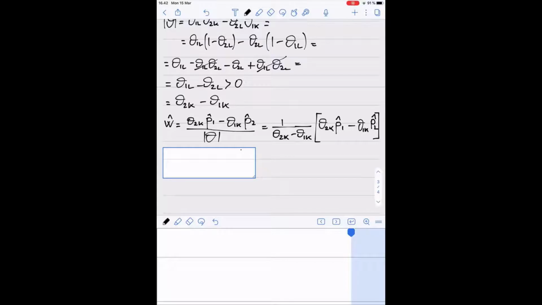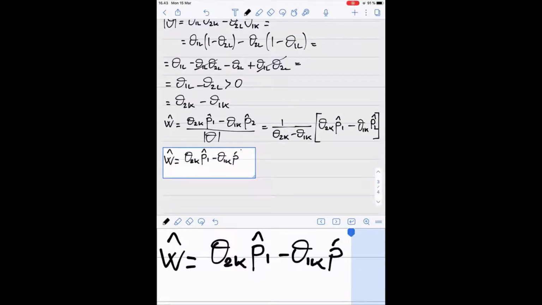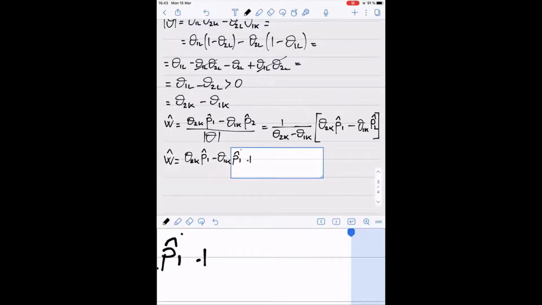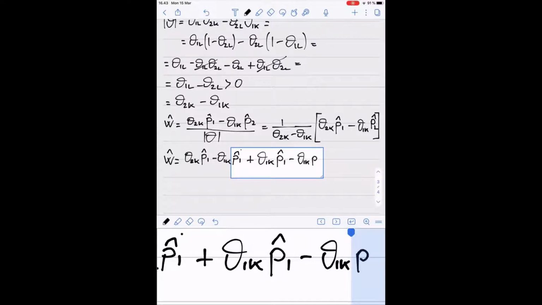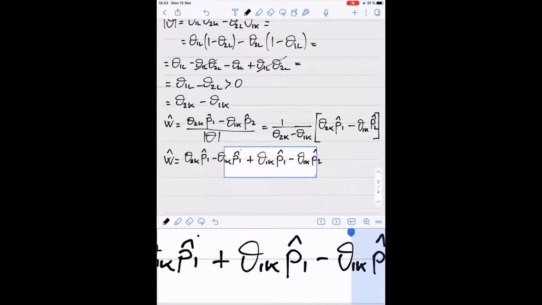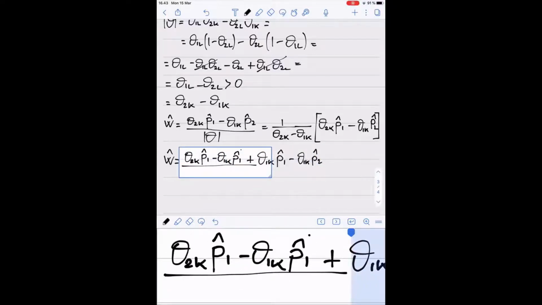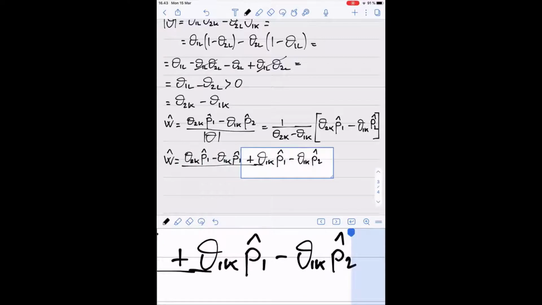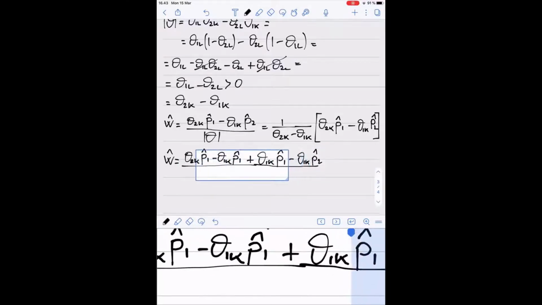And so what we're going to get is that w hat is equal to theta 2K P hat 1 minus theta 1K P hat 1 plus theta 1K P hat 1 minus theta 1K P hat 2, and all of this is divided by the determinant, theta 2K minus theta 1K.